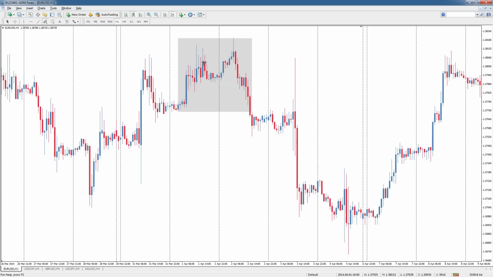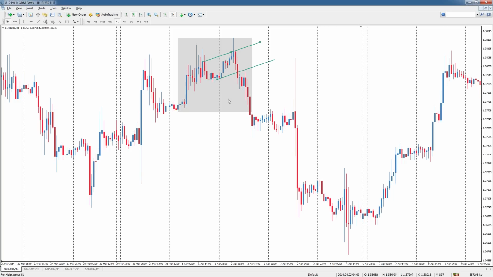So if I draw a line from the close of the first peak to the highest close of the second peak, I'm ignoring the shadows on purpose, and then I will set up my neckline.